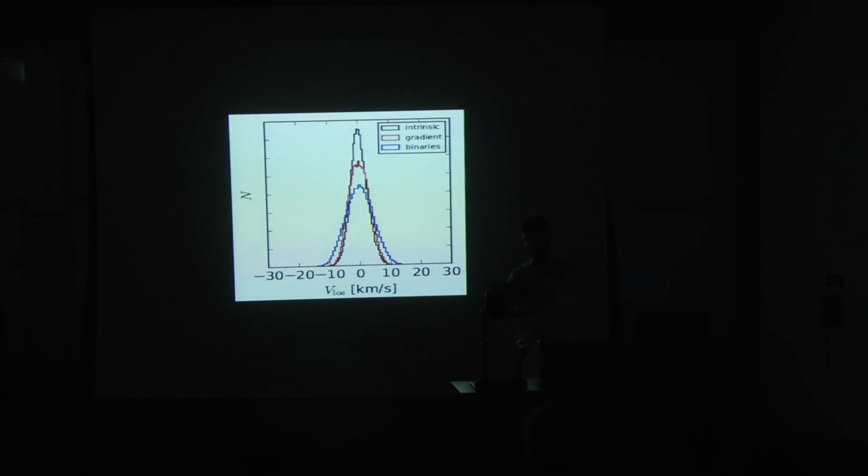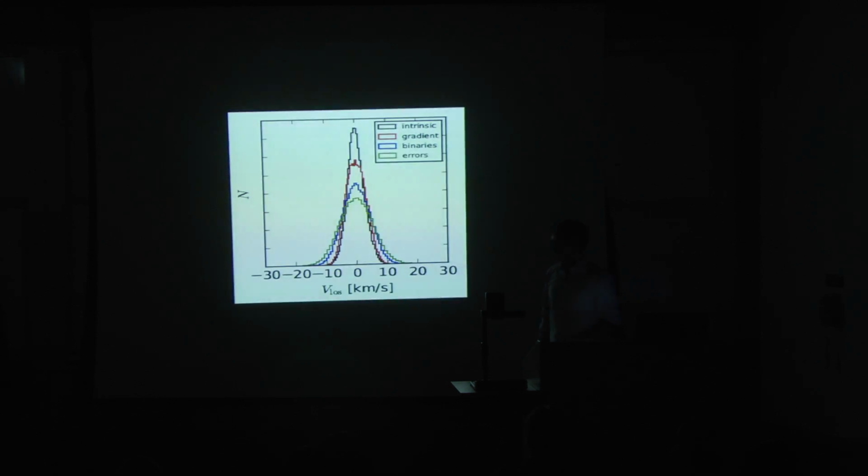And because binary systems do this, the line of sight velocity we measure will have this component added on top of the center of mass velocity of the binary system. We only care about the center of mass velocity. The binary motion is not telling us about the internal gravitational potential of the dwarf galaxy. It's telling us about the binary system. So that kind of motion adds a background on here.